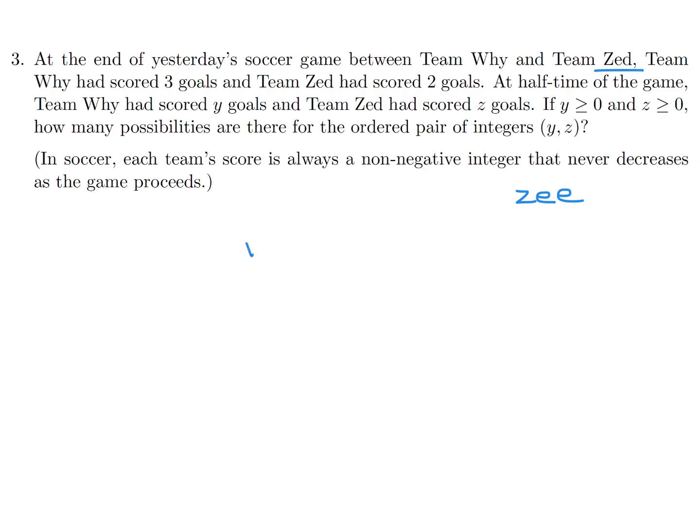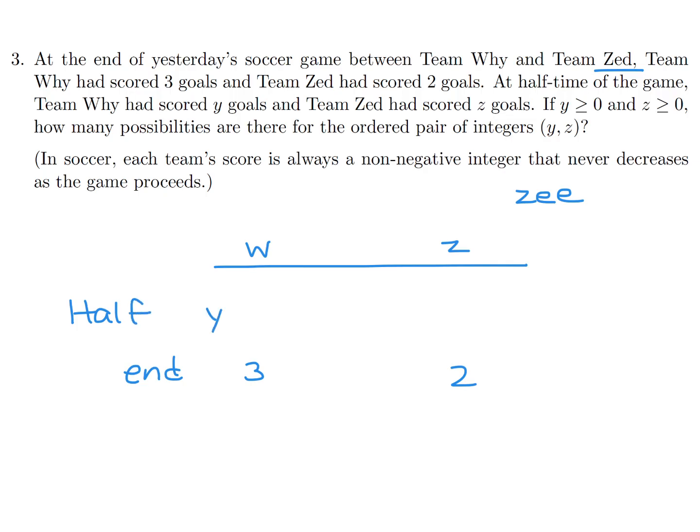Okay, so for Y and for Z, the end result was 3 and 2, right? And then at halftime, we have to figure out what the possibilities are. And obviously, it has to be less than or equal to this end result, with the parameter that it's got to be greater than or equal to 0.